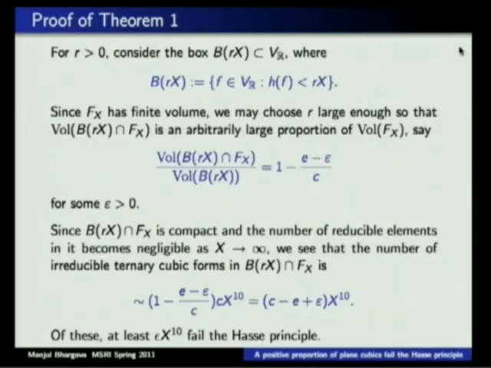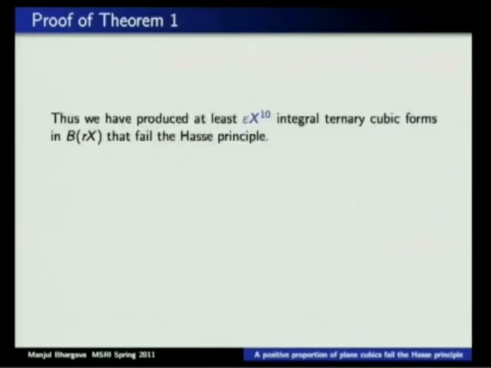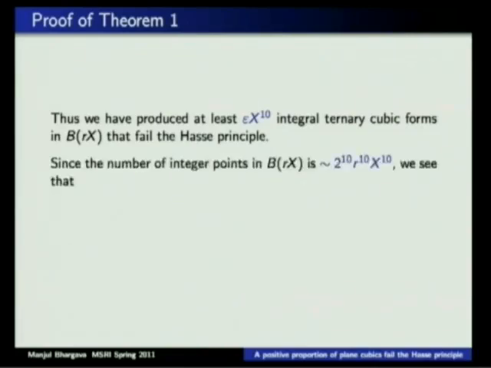And since the box has volume on the order of x to the 10th, that's giving us a positive proportion of things in the box that are failing the Hasse principle. Okay, so we've produced epsilon x to the 10th irreducible ternary cubic forms that fail the Hasse principle. But B of Rx also has volume on the order of x to the 10th.